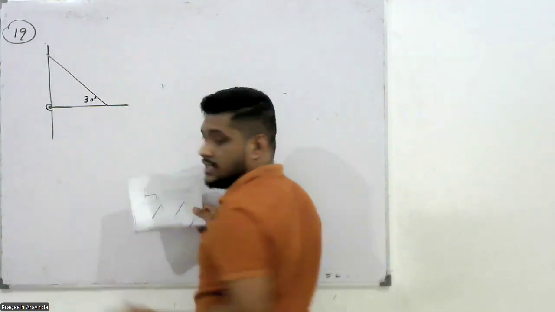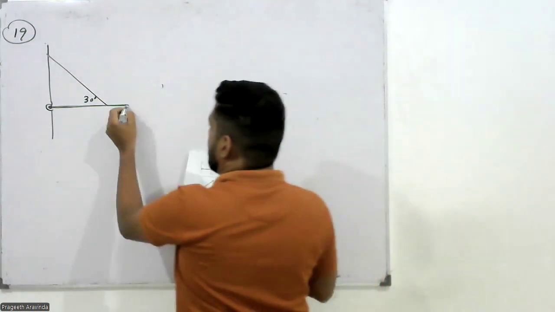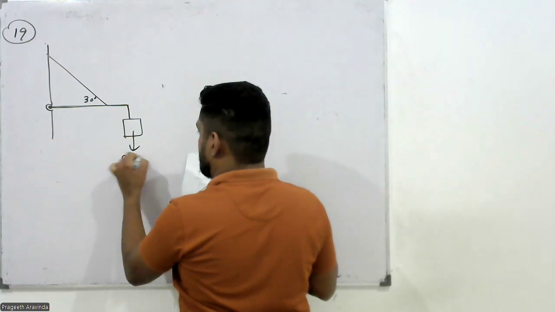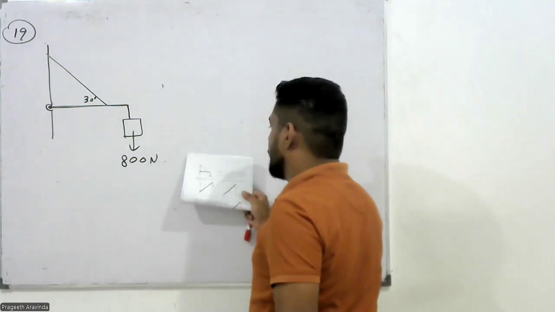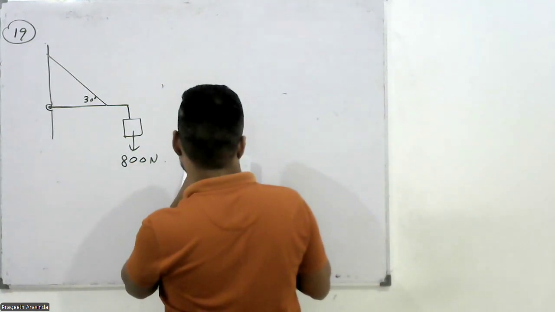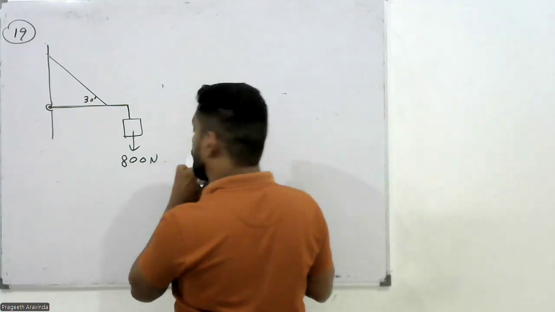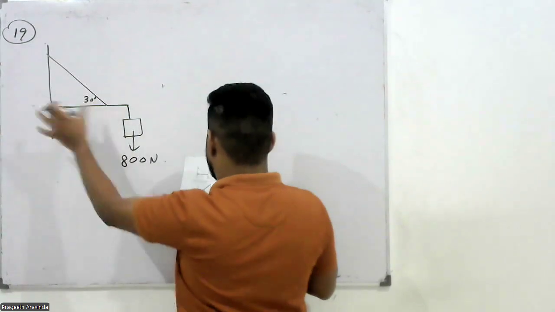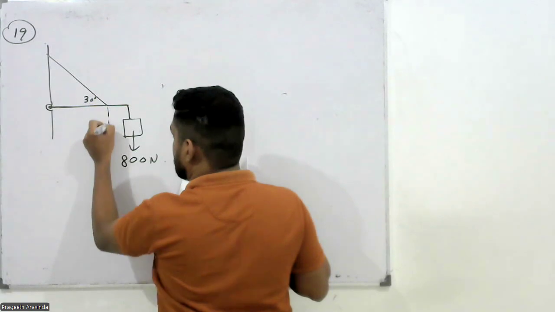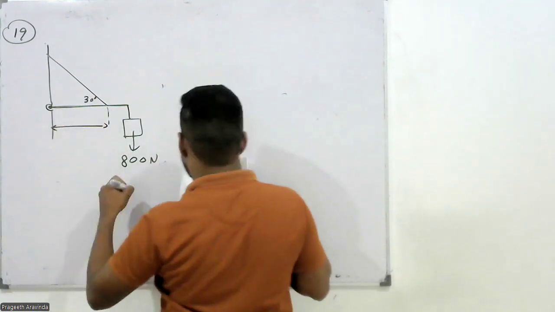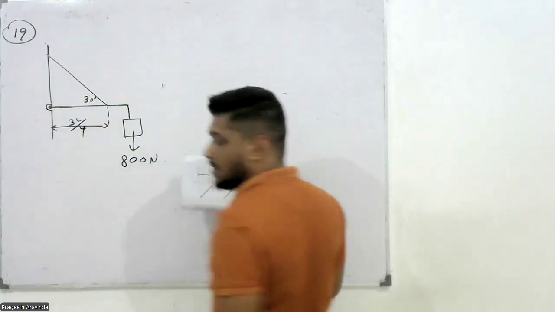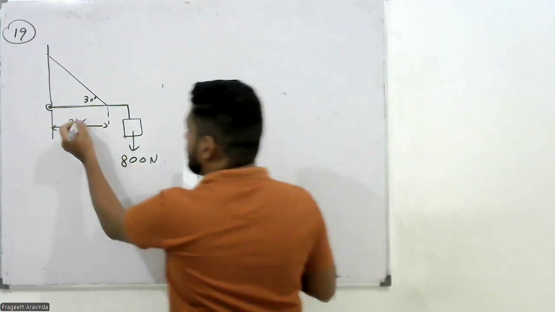This angle is 30 here, and there's a weight which is 800 newtons. Right, and the weight is 0.6 kilo newton. ඒක මේක මැද්දෙන් ඉන්නේ, මෙතනට දාලා තියෙනවා මේ length එක, that is 3L over 4, එතන තියෙන 3/4.